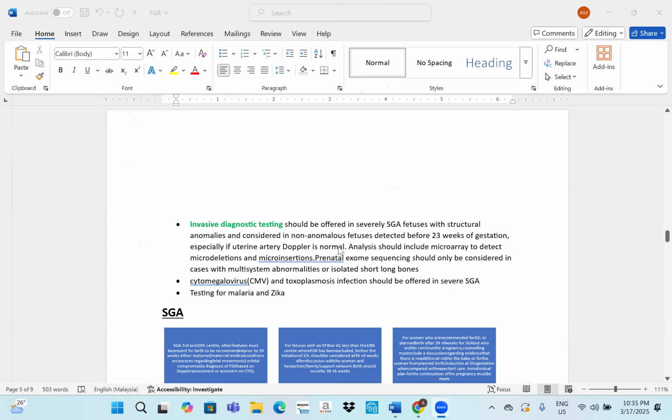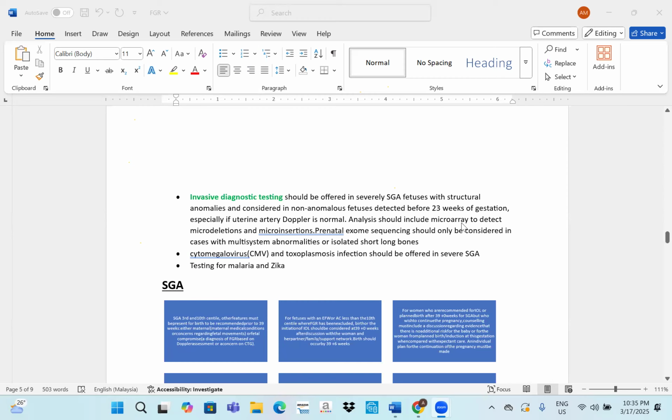If you see an SGA or FGR fetus before 23 weeks of gestation, it could be due to some structural abnormalities. Which structural abnormalities? And if the uterine artery Doppler is normal, you should be thinking about some chromosomal abnormality. For that, you will be doing microarray to detect the microdeletions and microinsertions.